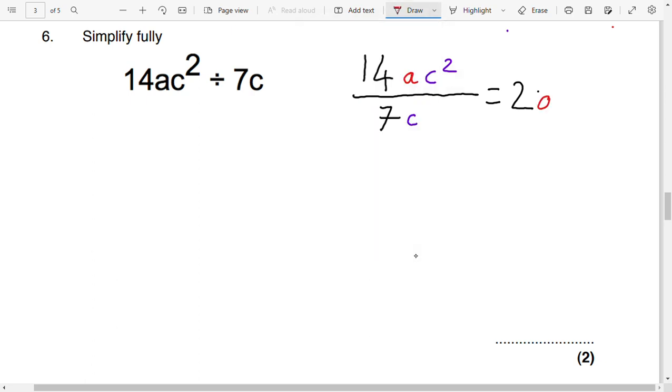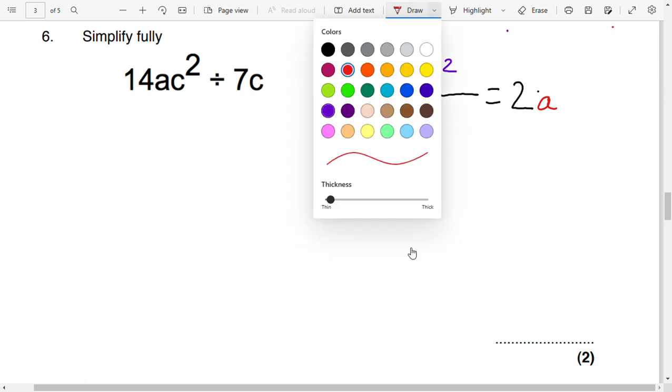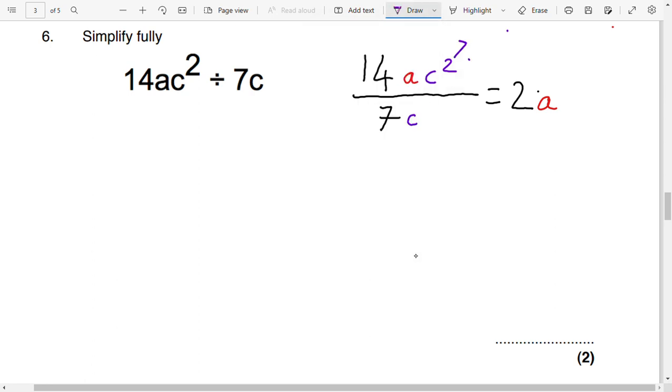We've got a. Then we have c squared divided by c. So remember, c squared is c times c. So then if it was divided by c, one of the c's from the c squared would be cancelled out, leaving us with just a c. So that makes 2ac, super easy.